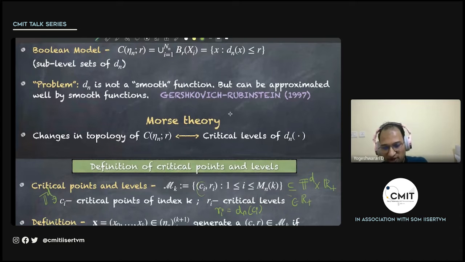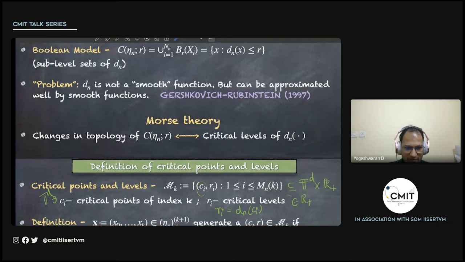So here is the definition. A critical point and a level, a pair (C, R), is in M_k. Remember, if I know C, I know R. If you tell me C, I tell you R. But anyway, (C, R) is a pair in M_k, this is index k, and is generated by a k plus 1 tuple of data points.